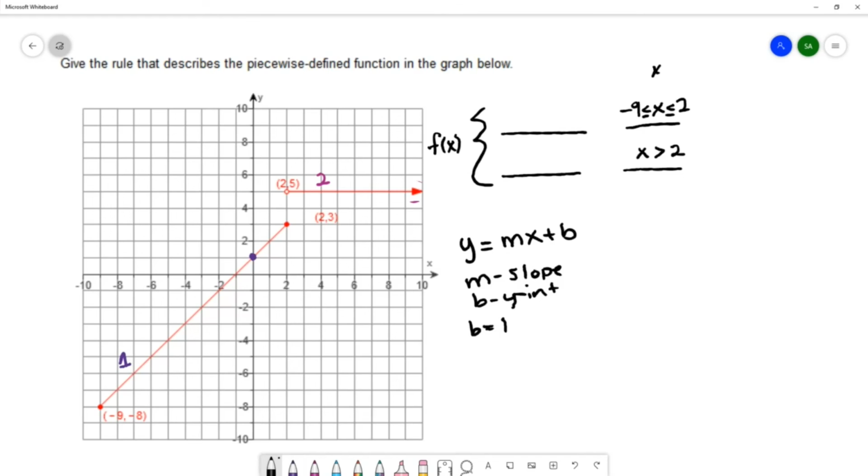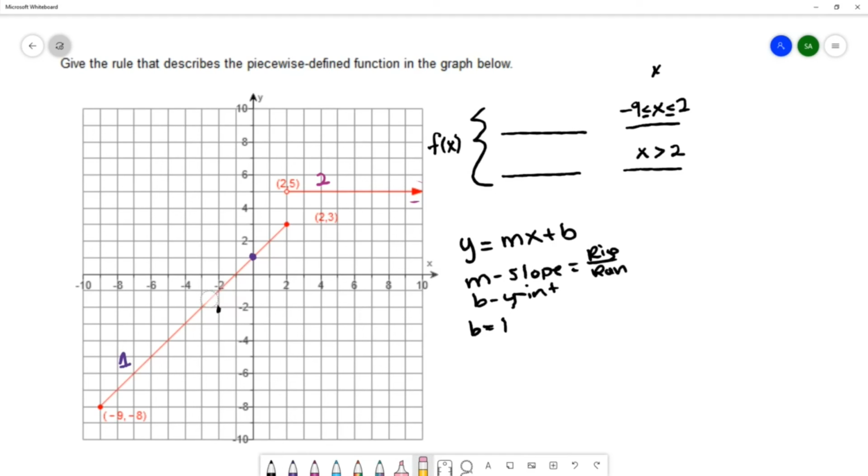And then I could also find the slope of the line. Remember, slope is going to be rise over run. So on my graph, I would want to make sure that I'm picking 2 points that are lying right on the intersection of this vertical and horizontal line.